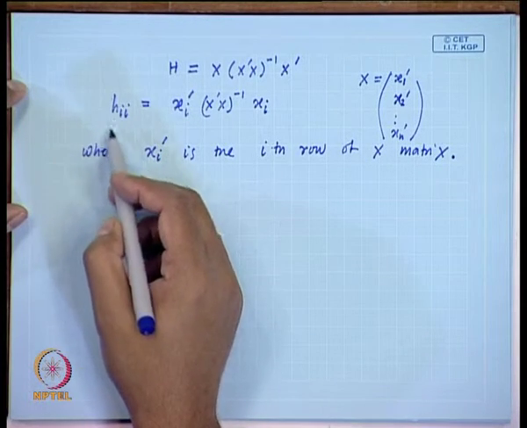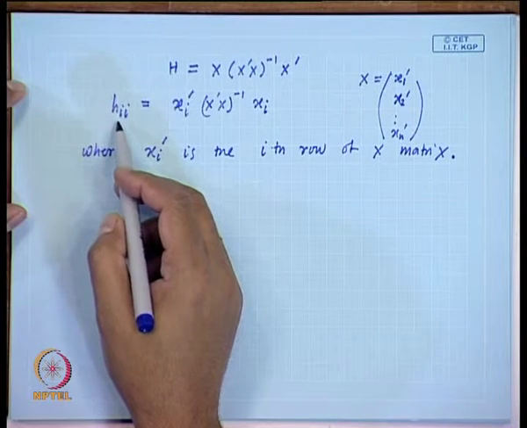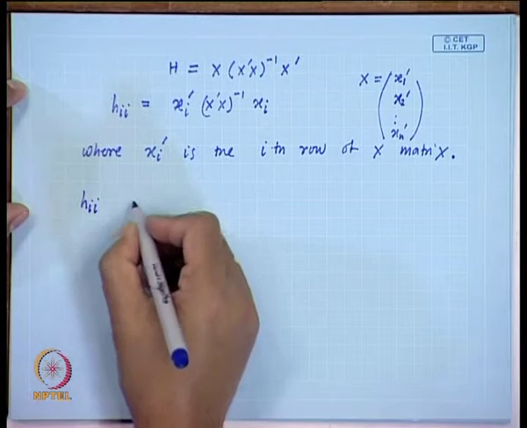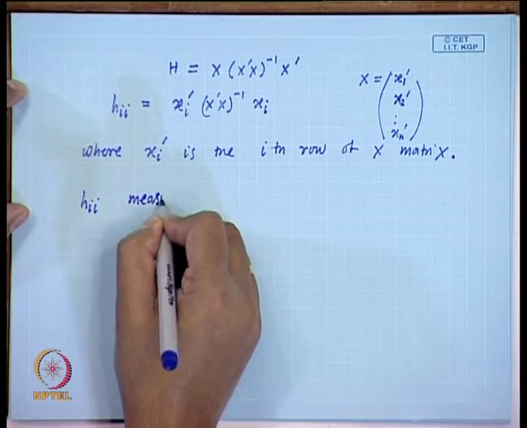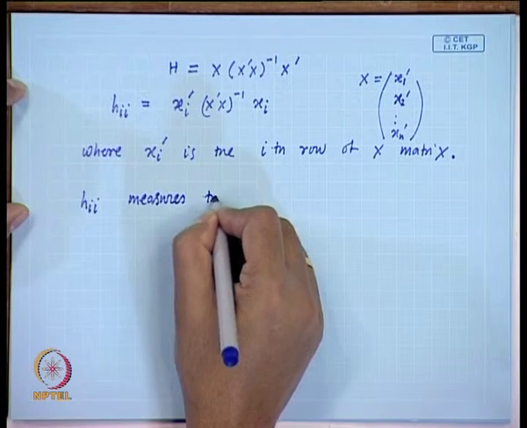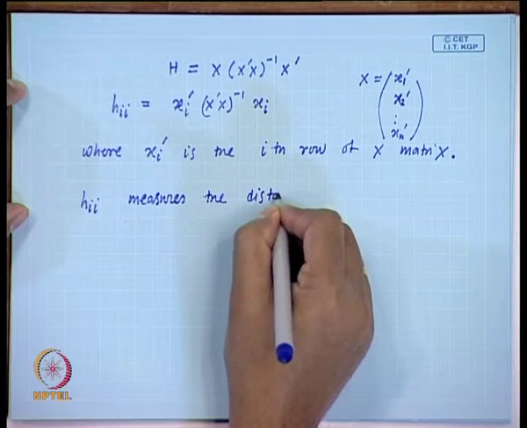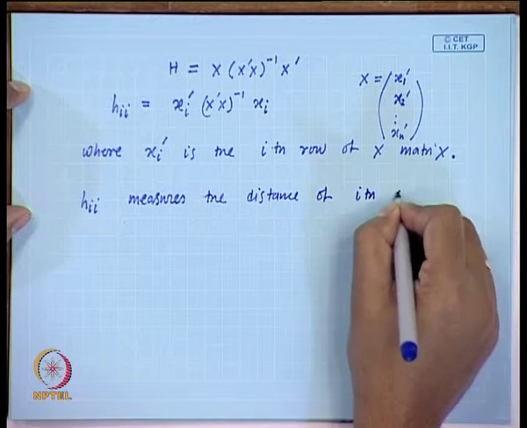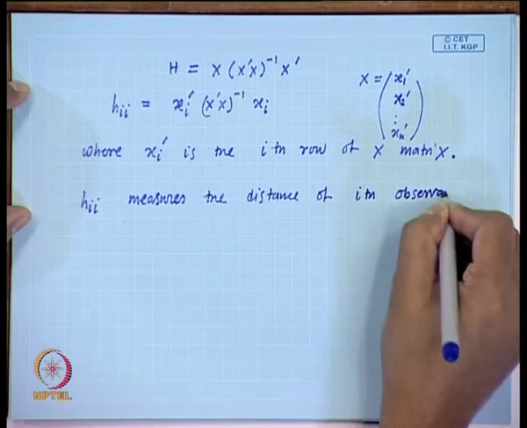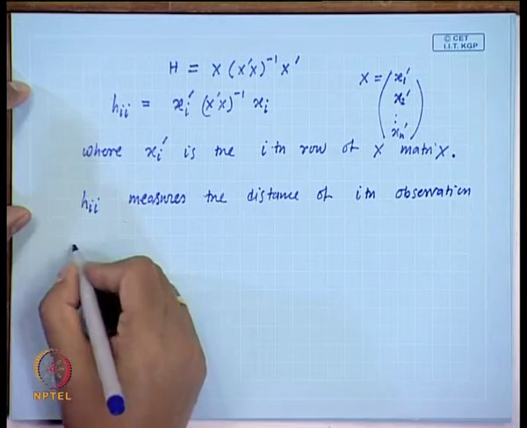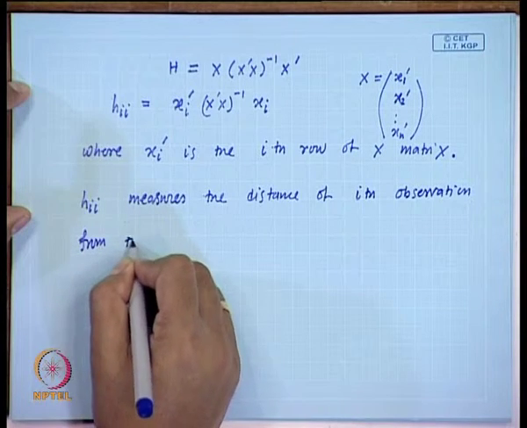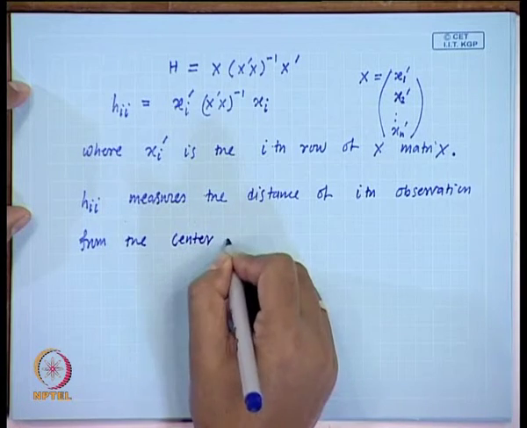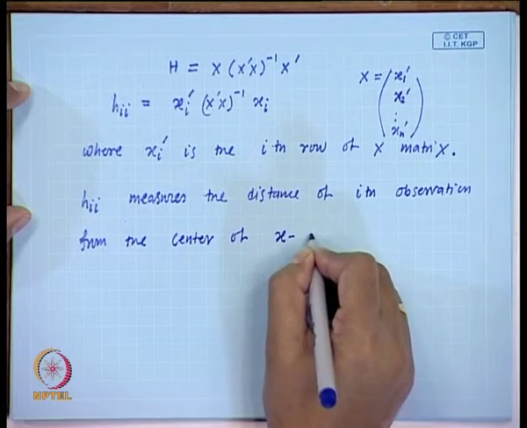So, you can check that what HII does is that HII measures the distance of the ith observation from the center of the x coordinate.